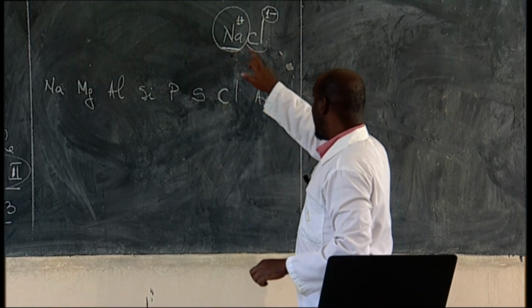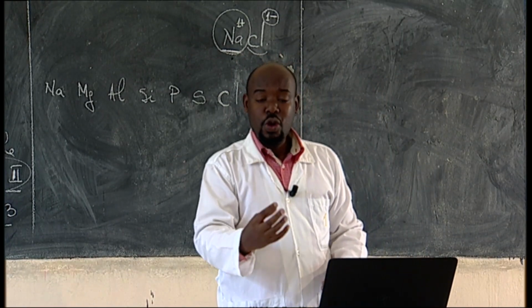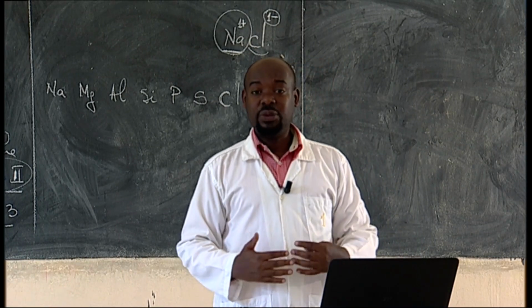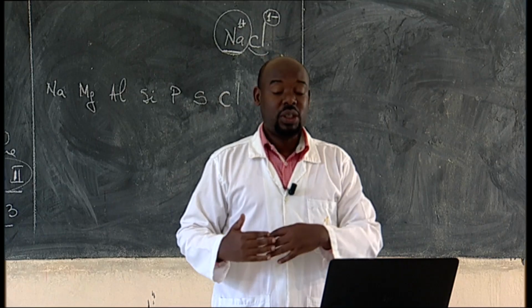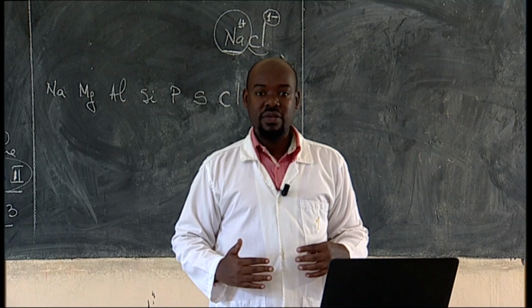Now, between sodium and chlorine, which one has a higher tendency of losing? Of course, it is sodium, which has become positive because it has lost. But chlorine, which is negative, has gained.